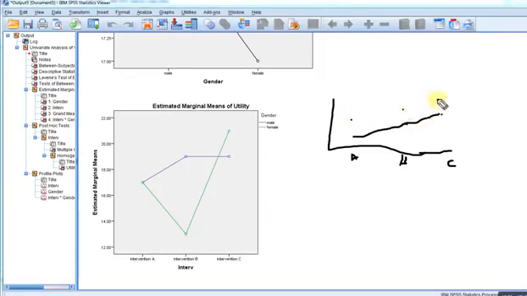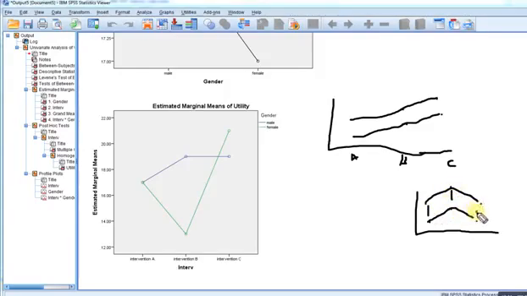If they're parallel, then that would suggest that we have a lack of interaction. Or by the same token, if you had something like this, the lines are parallel even though they would be curvilinear in shape. You can see that the distances between males and females across those are equal, and the same would be right here, which would signify a lack of interaction.